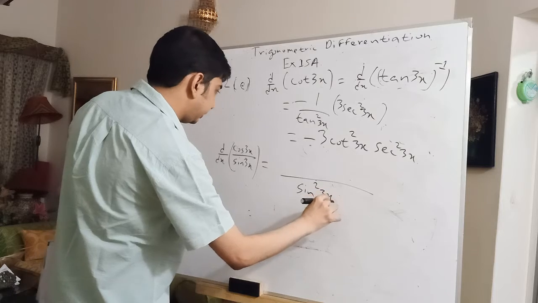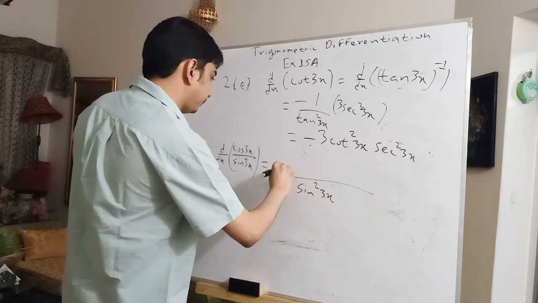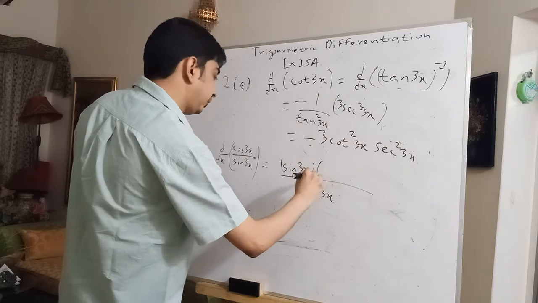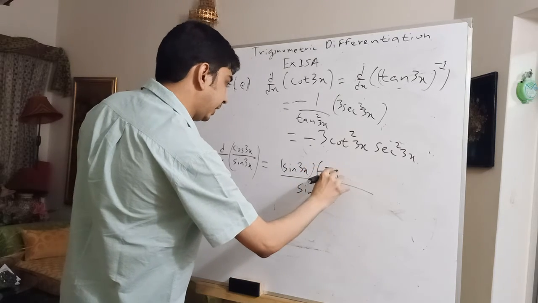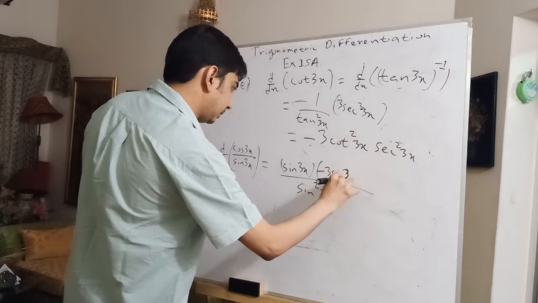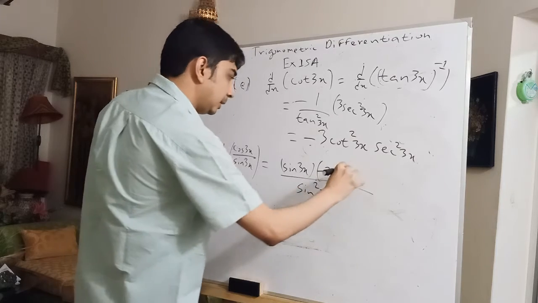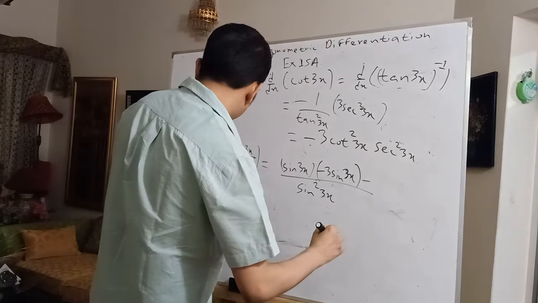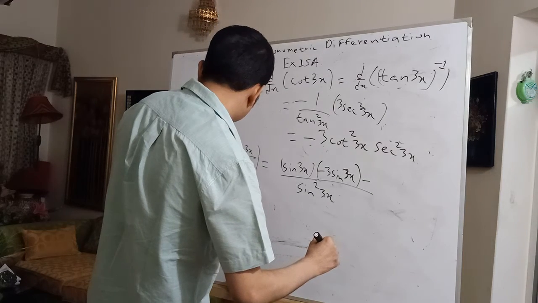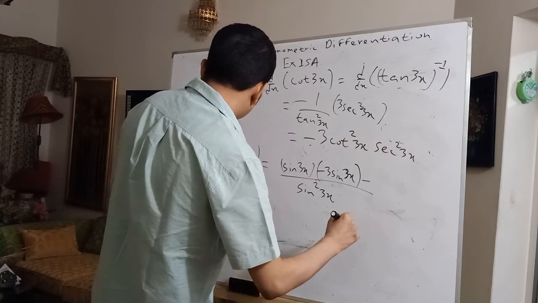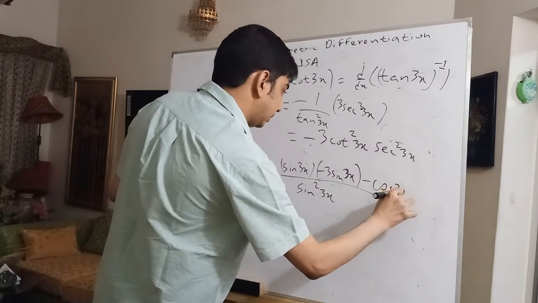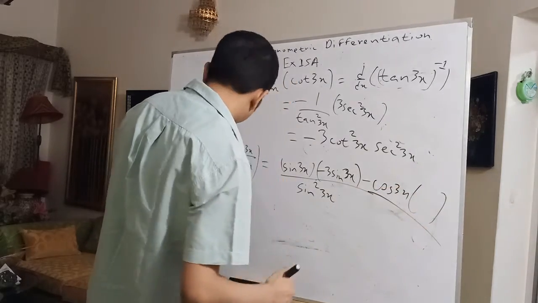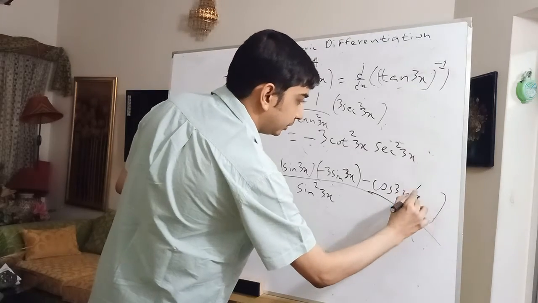Sin square 3x in the denominator, sin 3x into differentiation of cos 3x, so this is minus 3 sin 3x, then minus cos 3x into differentiation of sin 3x, so it will be 3 cos 3x.